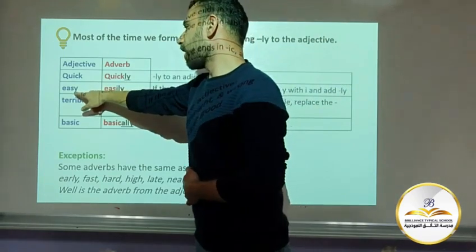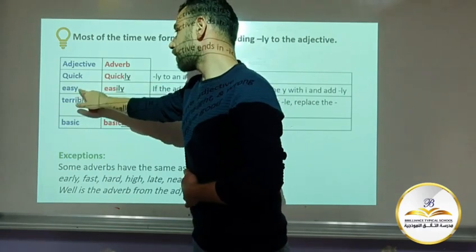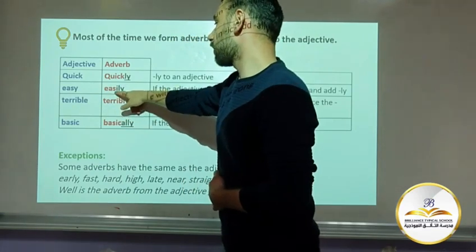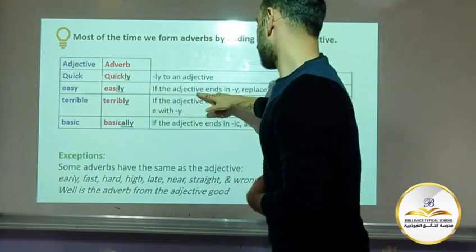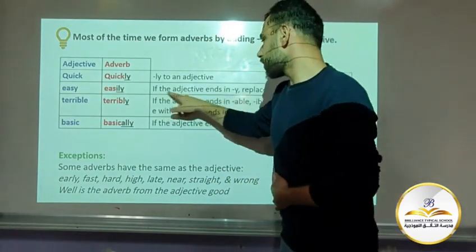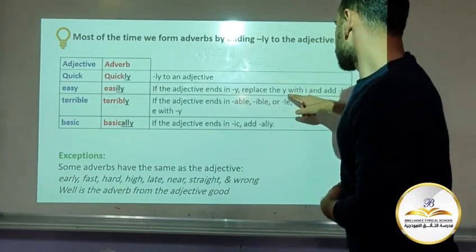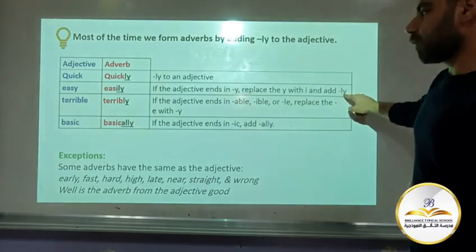And we might have an adjective like easy, but this one ends with y, and so I have to change this y into an i and add ly. So if the adjective ends with y, replace the y with i and add ly.